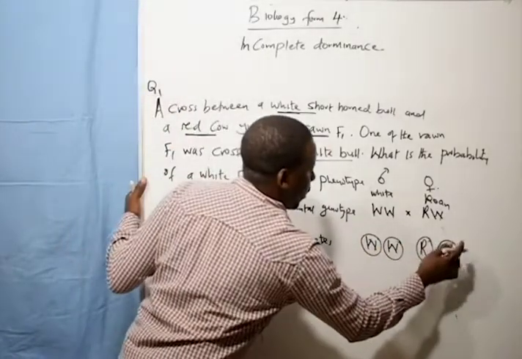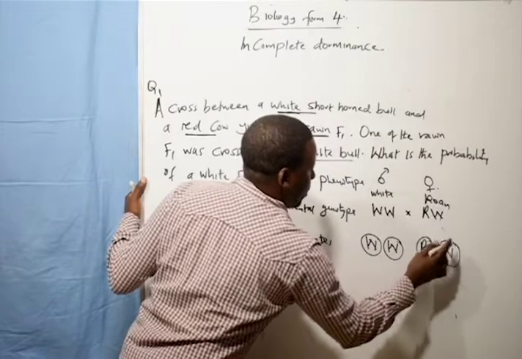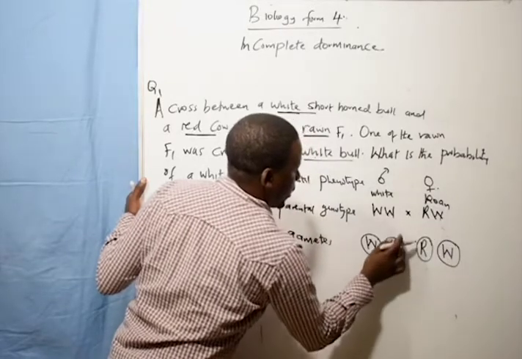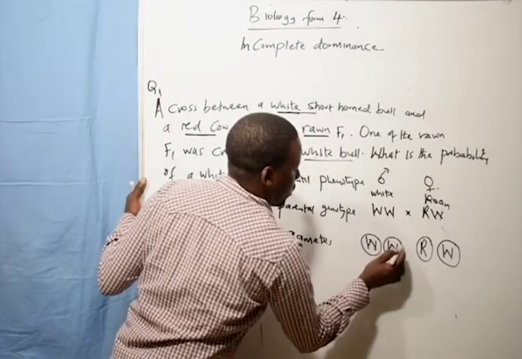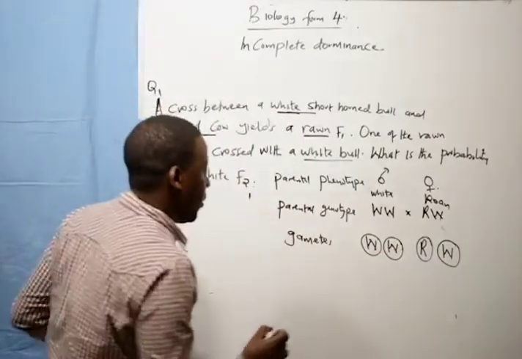Make sure the circles are complete for the gametes. If they are not, your work is not in order. Then we cross them.